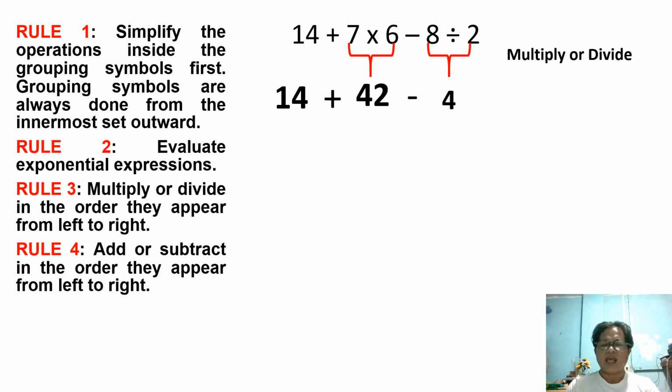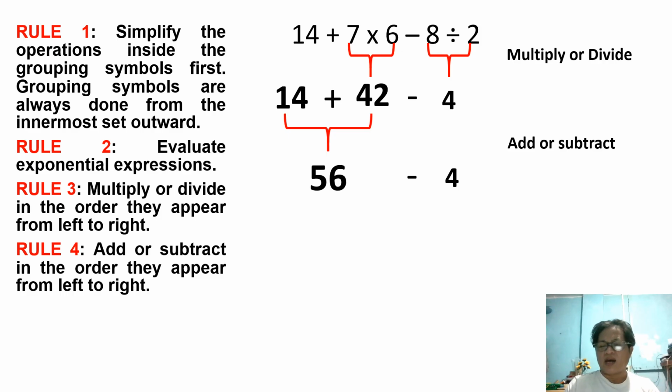Okay? Next, you will now go to rule number 4, which says add or subtract in the order they appear from left to right. So we are now going to add or subtract. So first, we have to add 14 plus 42, which is equal to 56.